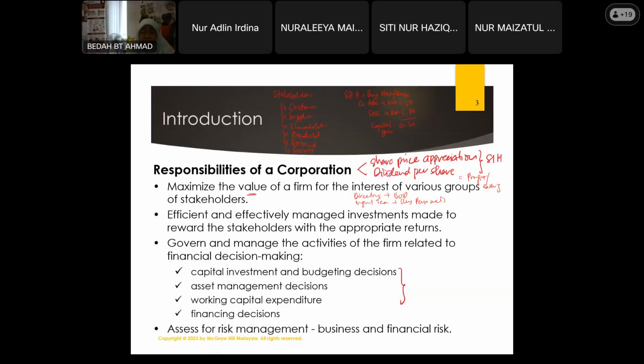A corporation also needs to govern and manage the activities of the firm related to financial decision making.